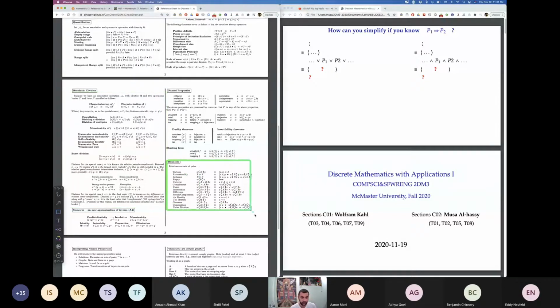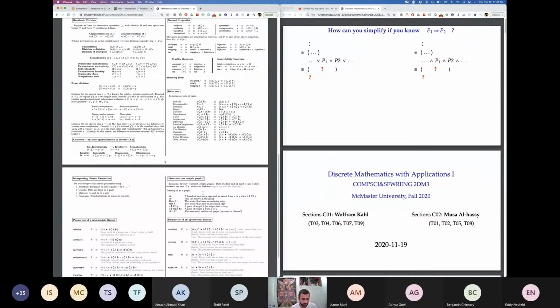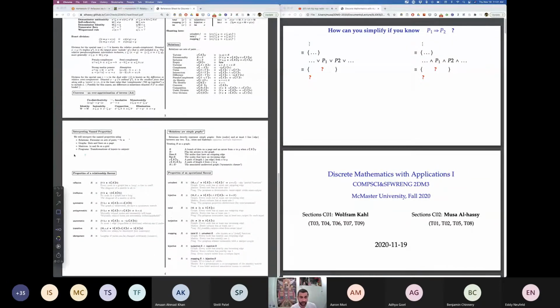For your convenience, we do have this translation from relation algebra to propositional logic, but it can be a bit daunting or overwhelming to see all of these and not know what they mean or what they denote. So I've added some possible interpretations here for you, and I've put them into gray text. So ideas for graphs, matrices, programs, right? So that might be helpful to some of you.